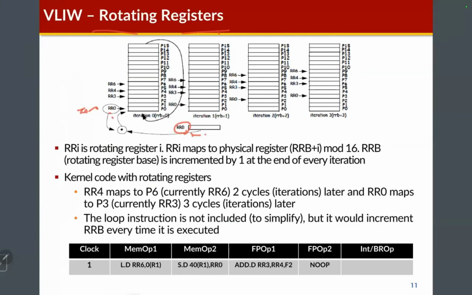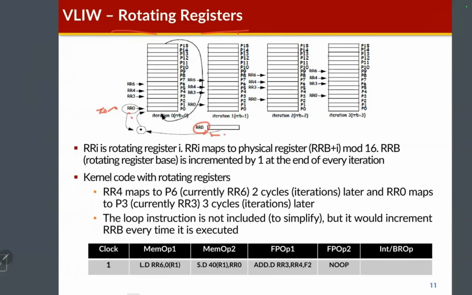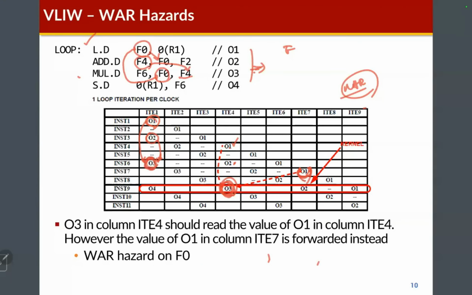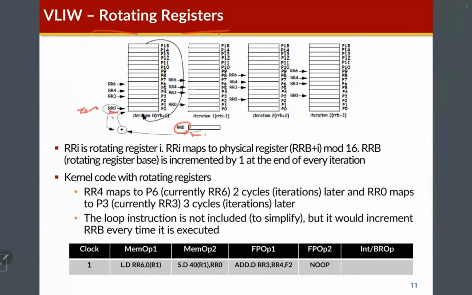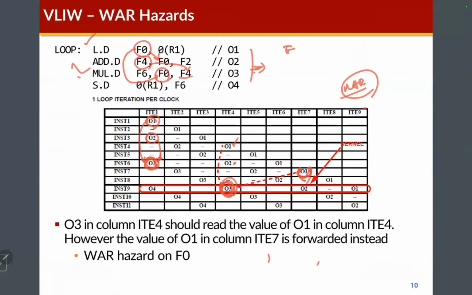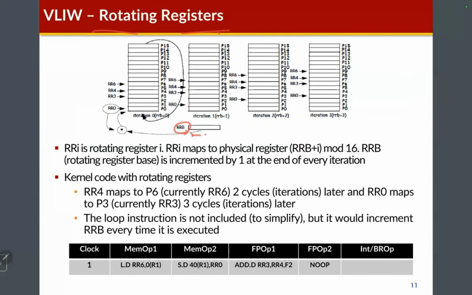So RR0 can be assigned to different physical registers, but until this RR0 is consumed by the final instruction, we need to keep the value of RR0 here. So compilers assign the rotating register number based on the lifetime of these architectural registers.